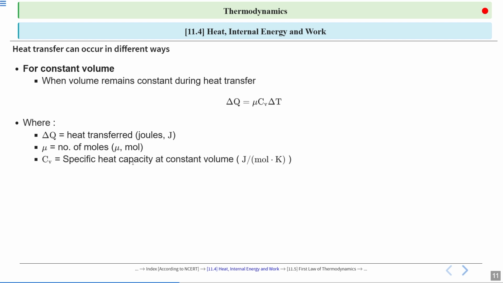Cv, specific heat capacity at constant volume, unit joule per mole per Kelvin. Delta T, change in temperature, measured in Kelvin, symbol is capital K.